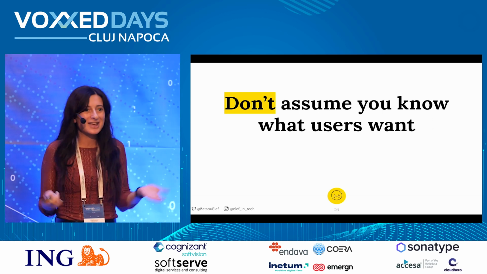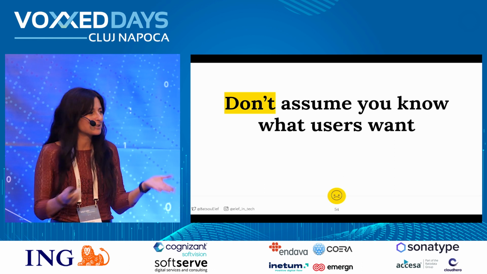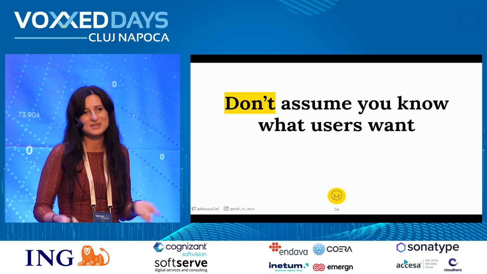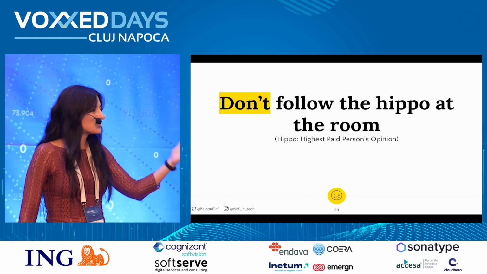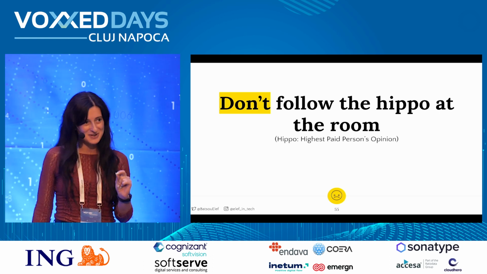And also another thing is that you can actually go in a street and start asking people, can you test my product? This sounds a bit weird, but it's also something that you can do, and usually it's free.